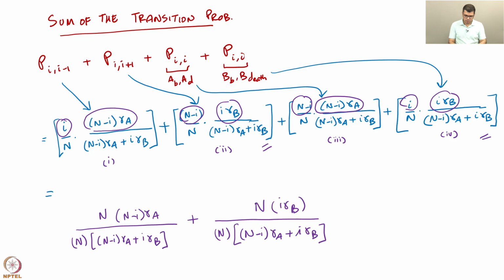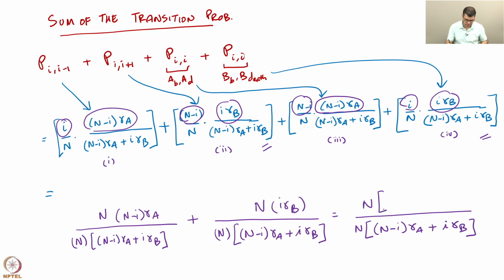And now, between these two terms, I again note that the denominator of these two terms is the same, and in the numerator I can take n common. So, what I am left with is the denominator remains the same, n minus I times Ra plus I times Rb, and the numerator is n, and what is left inside is n minus I times Ra plus I times Rb.